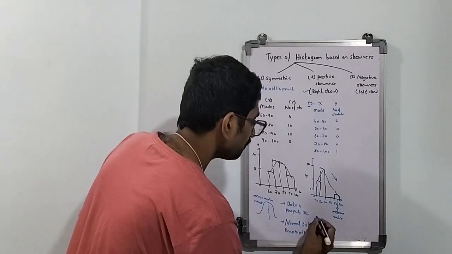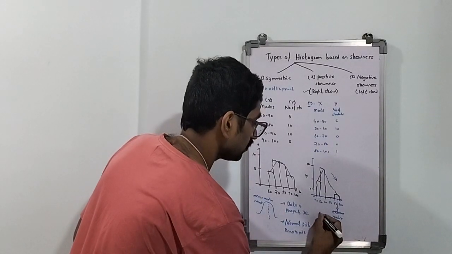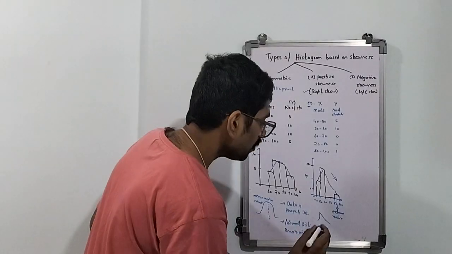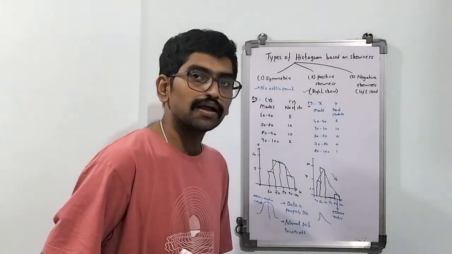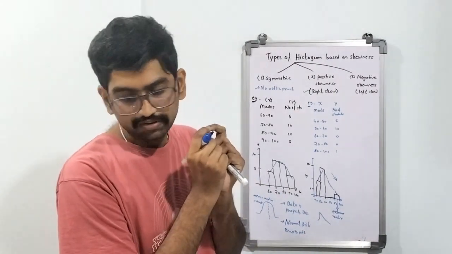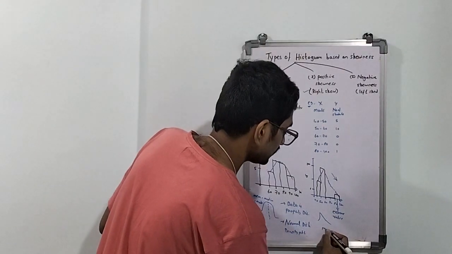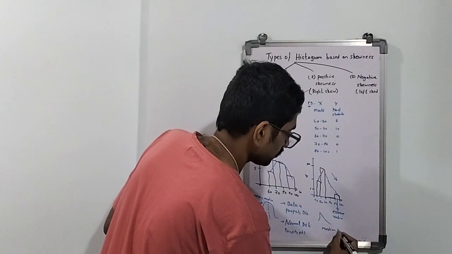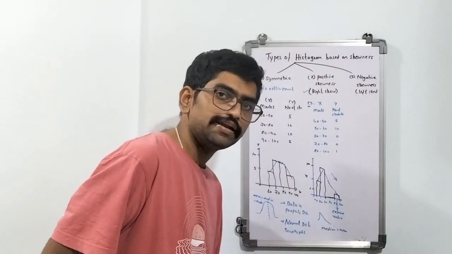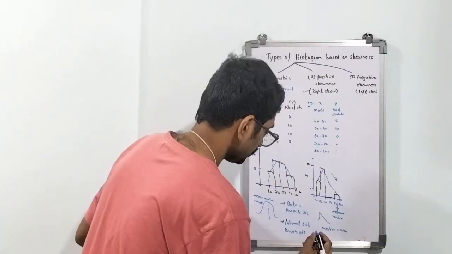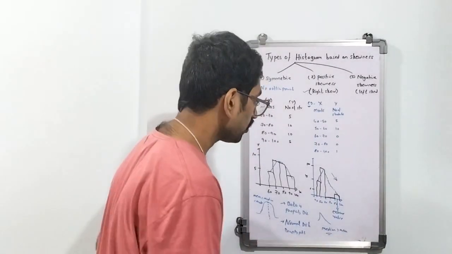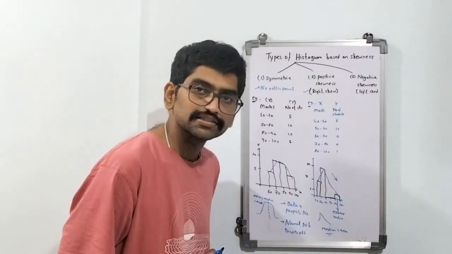So here the plot will look like this. It will go like this. This is not the normal plot. Now in this case, what will happen? Always remember, your mean value will be greater than the median value, because the outlier is present on the right hand side.